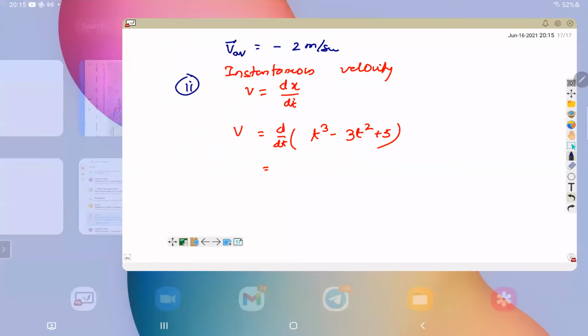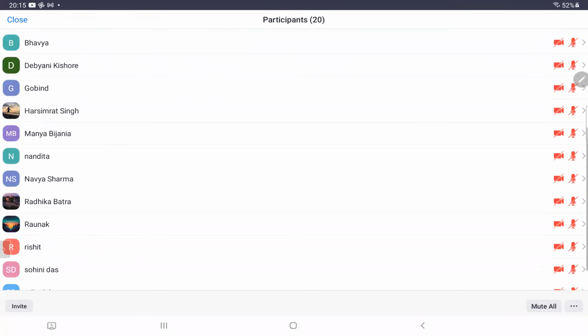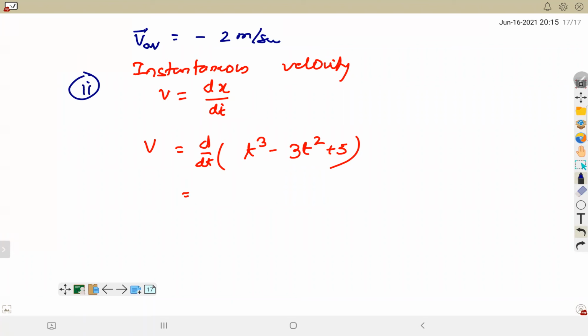Yeah, निकल लिए? Very nice. Okay, very good. Anurag, what is your answer? Differentiate and then... Anurag, what is the velocity as a function of time?